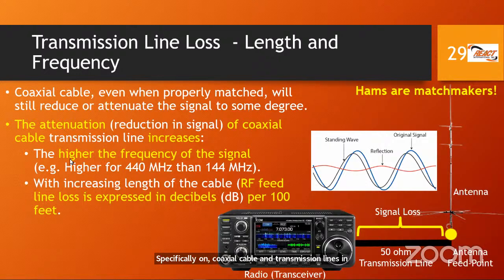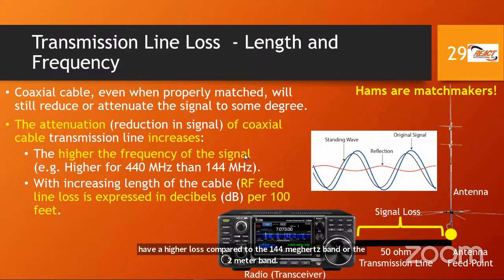And one is that the higher the frequency of your transmission, the more the attenuation, right? So the example that I have here on your screen is that if you're in the 440 megahertz band, for all things being equal, the loss will be higher for the higher frequency compared to, let's say, the 144 megahertz band or the 2 meter band, where you will have a lower loss per foot, right?